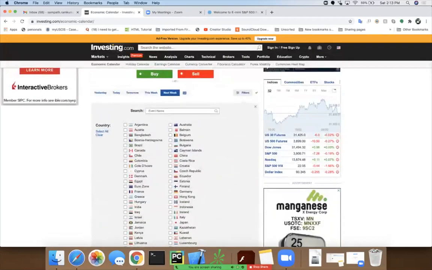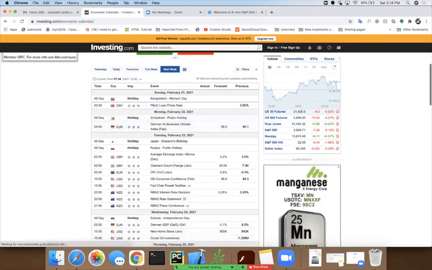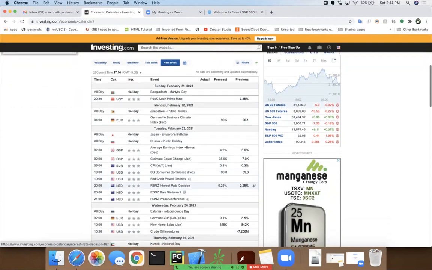Then that will show all the key events that are coming up along with their timings. The US based results will have the most impact on the ES. So we have to make sure that we are keeping track of these economic events. Without this, the price action would not justify how it is reacting. So you have to know what events are coming up ahead of time.